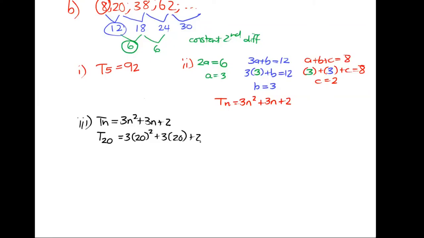It's been a long week, so I'm going to be lazy and use my calculator. If we kept writing out the pattern and adding 6 to our differences every time, we would get the 20th term is 1,262.